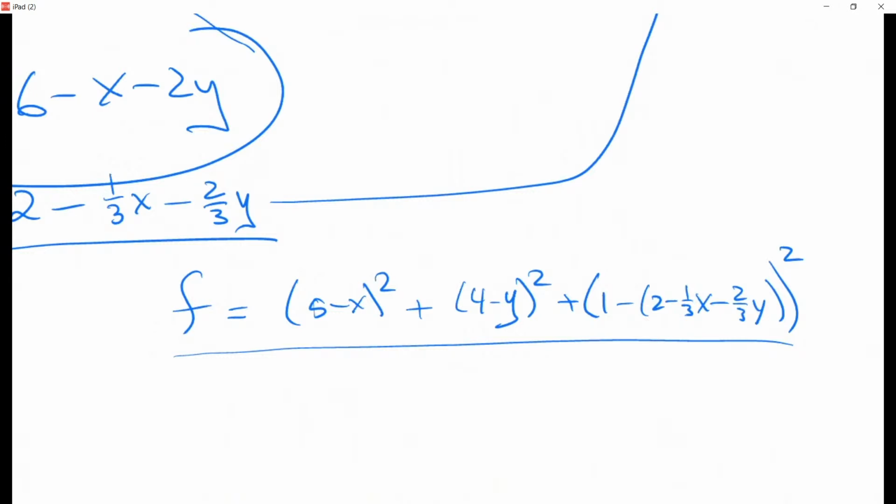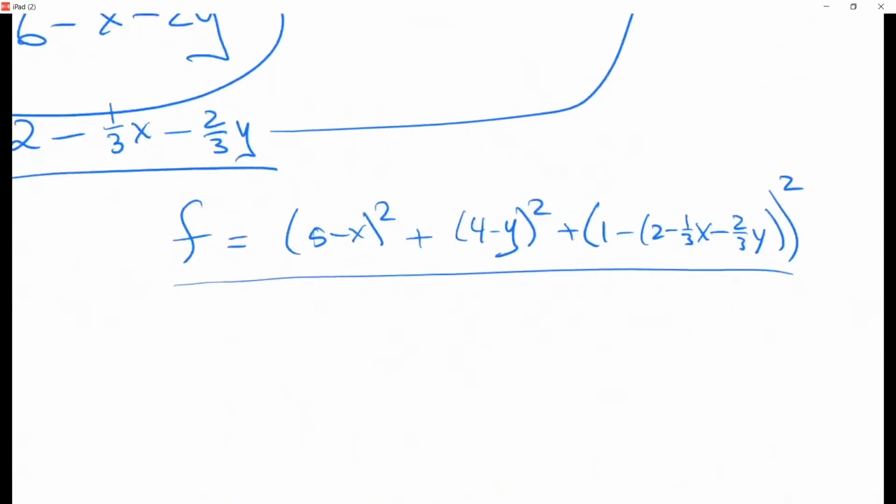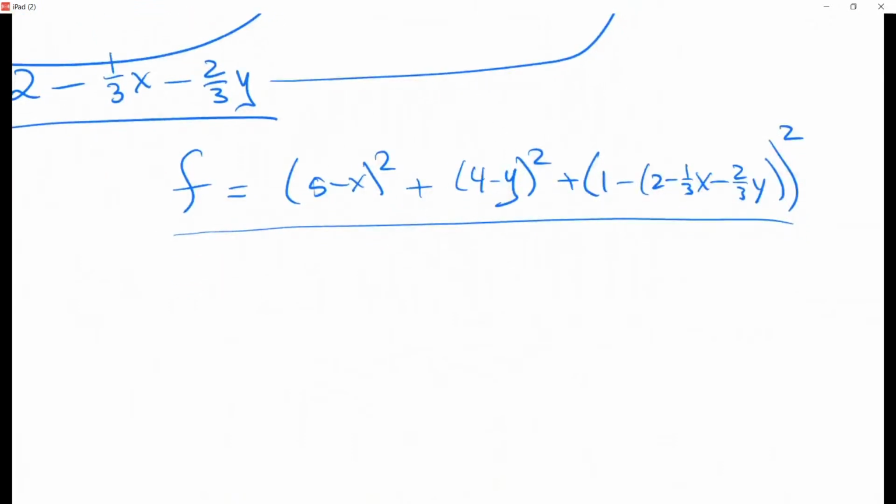You're going to get to the place where you're going to do your optimization and be like, hey, that doesn't look at all like what I'd started with, but that's okay. You've done your algebra correctly and your substitutions correctly. You always want to end up with two variables, here x and y, so that you can do your derivatives. And I would suggest in this case to do a little bit of simplification, but not too much.